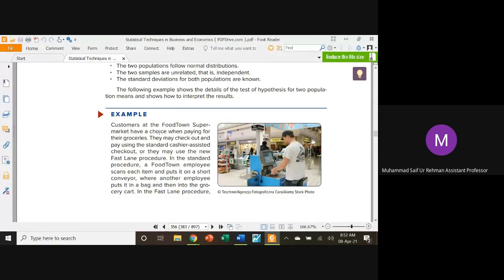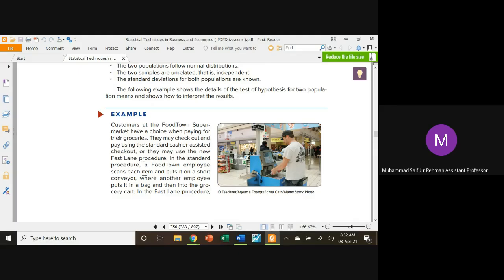Customers at the Food Town supermarket have a choice when paying for their groceries. They may check out and pay using the standard cashier assisted checkout, or they may use the new fast lane procedure.